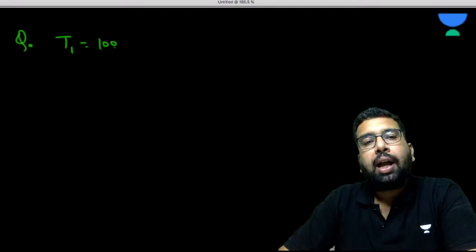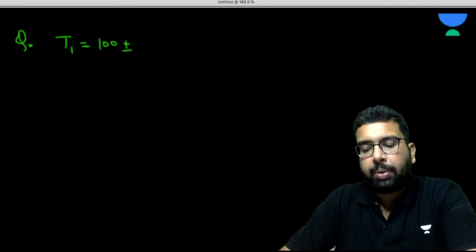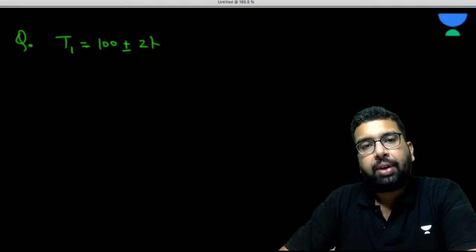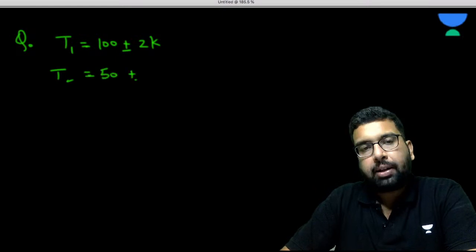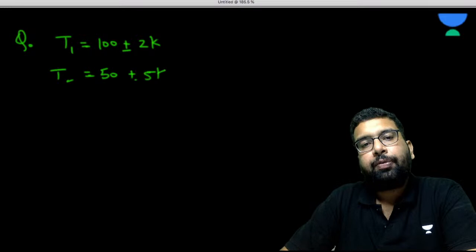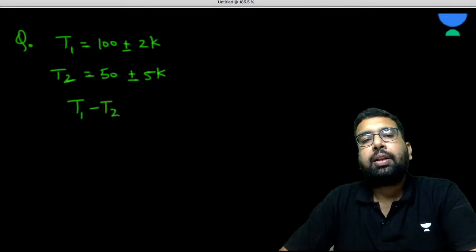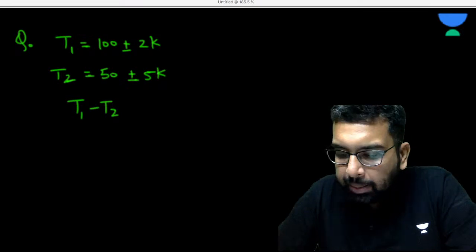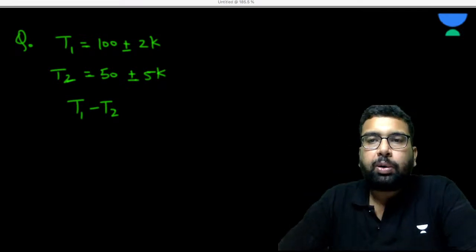So let's suppose we have the temperature T1 as 100 plus minus 2 Kelvin, and temperature T2 as 50 plus minus 5 Kelvin. Now you need to get T1 minus T2. So you need to give the temperature difference here. What is going to be the temperature difference?